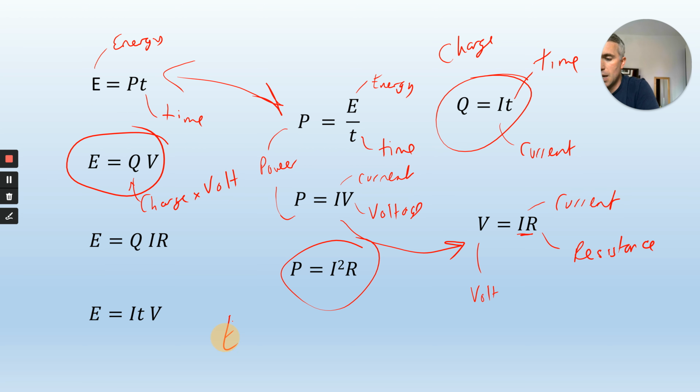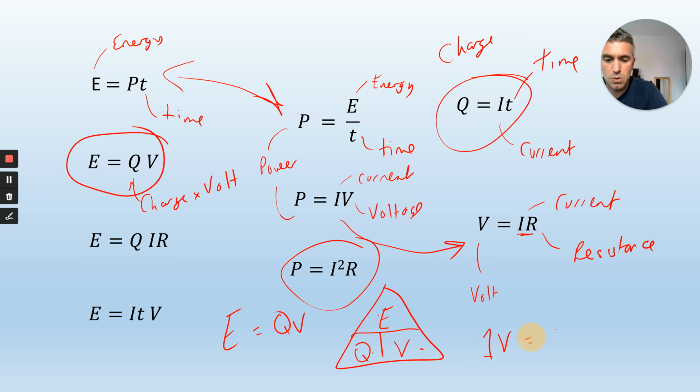E is QV, or if you rearrange it, you can have V equals E over Q. We put it into a little triangle. So 1 volt is energy over charge. 1 volt is equal to 1 joule per coulomb.